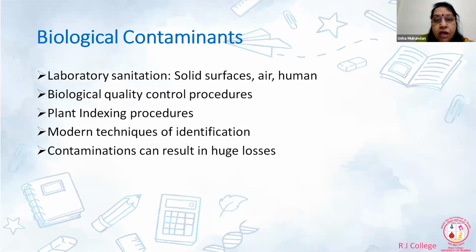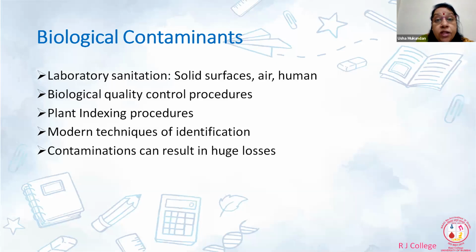Then if your explant itself is contaminated, then you have learned that there is a sterilization procedure in place to take care of the surface contamination. So you use a bacillocide, you use a surfactant, then you use a mild sterilizing agent like sodium hypochlorite, or you use a strong sterilizing agent like mercuric chloride, and a two-step sterilization using ethanol also.